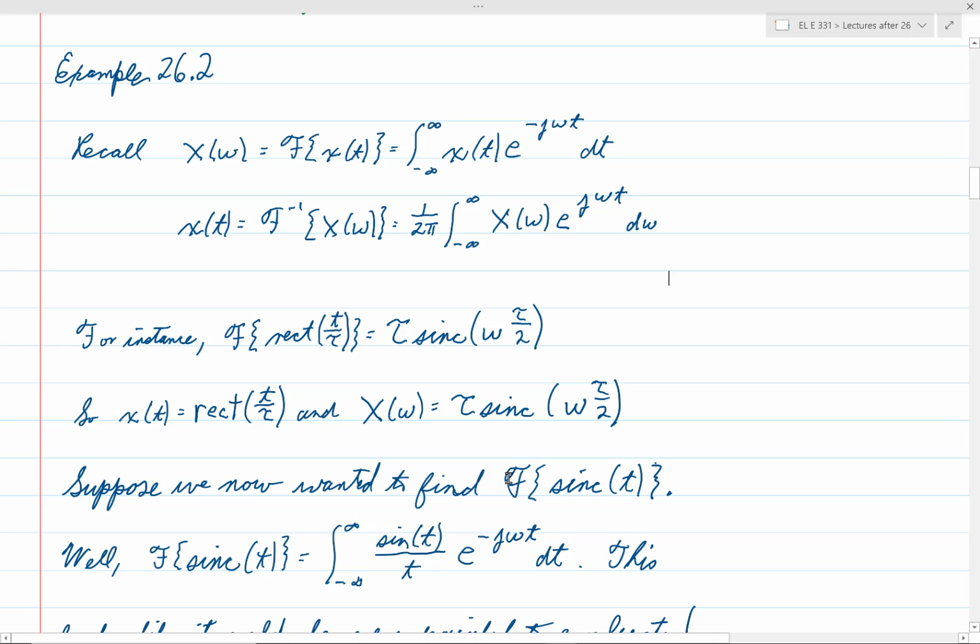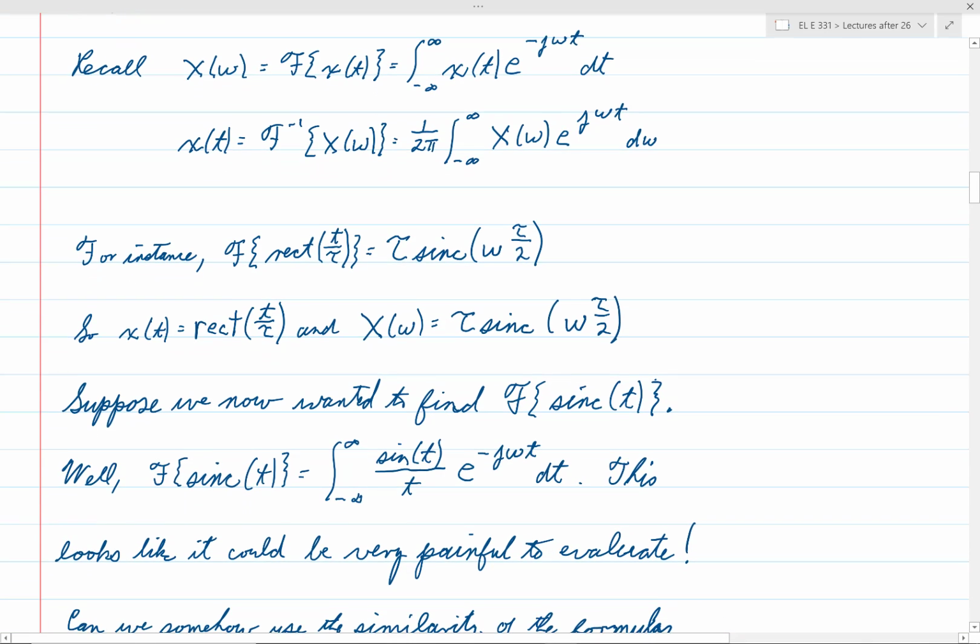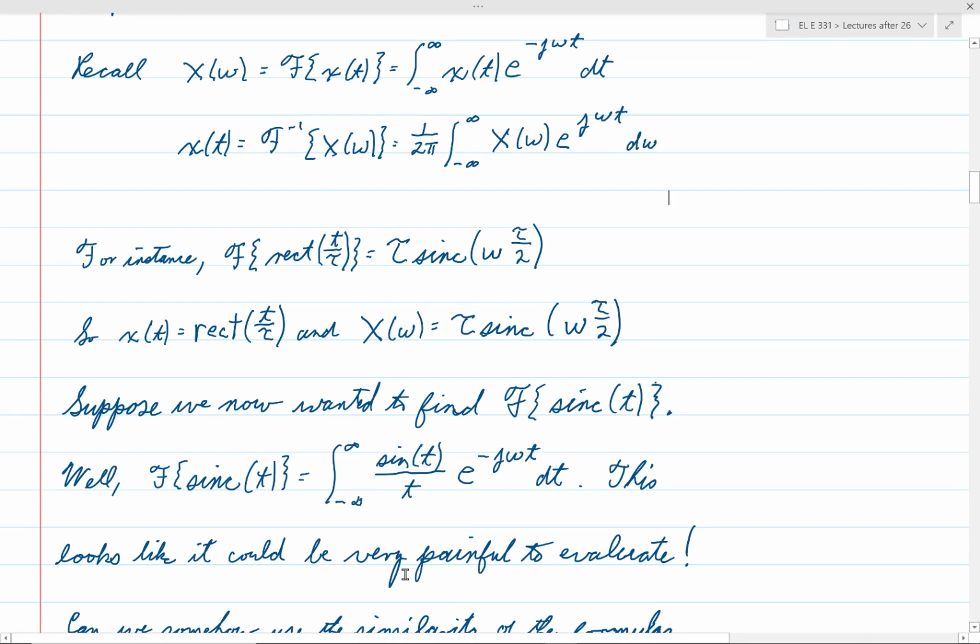Well, if you use the Fourier transform formula, then you get that the Fourier transform of sinc of t is the integral from negative infinity to infinity of sine t over t e to the minus j omega t dt. And as I say, this does not look like an integral that I want to evaluate. That doesn't look pleasant to me at all.